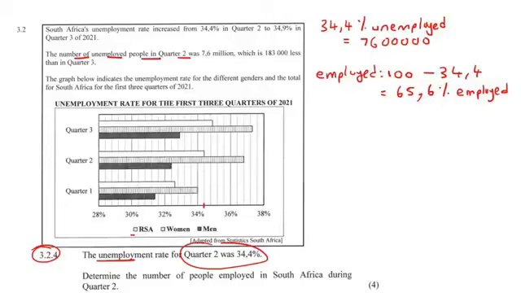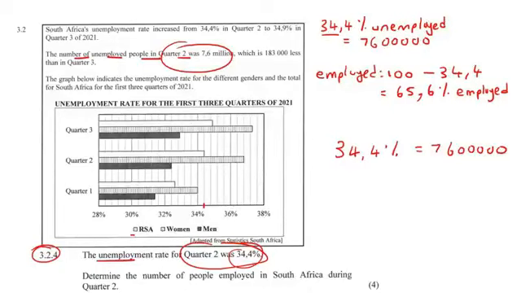So what we can now do is we can say, okay, if 34.4% is equal to 7,600,000, because that's what we found out over here, then what would 1% be? How can I change this to 1%? What could I divide this by to make it 1%?